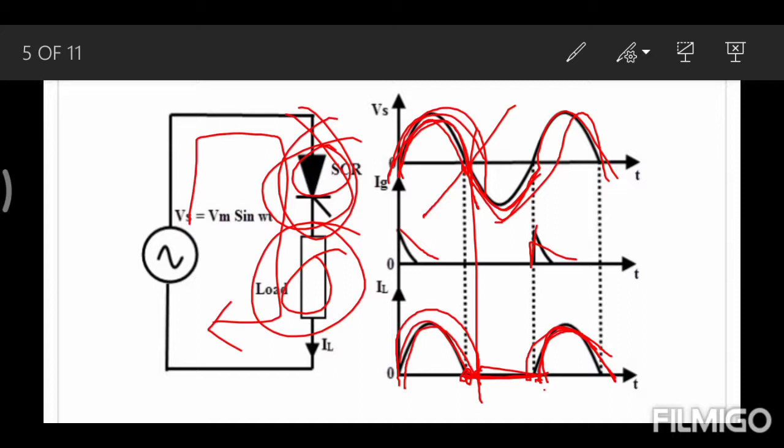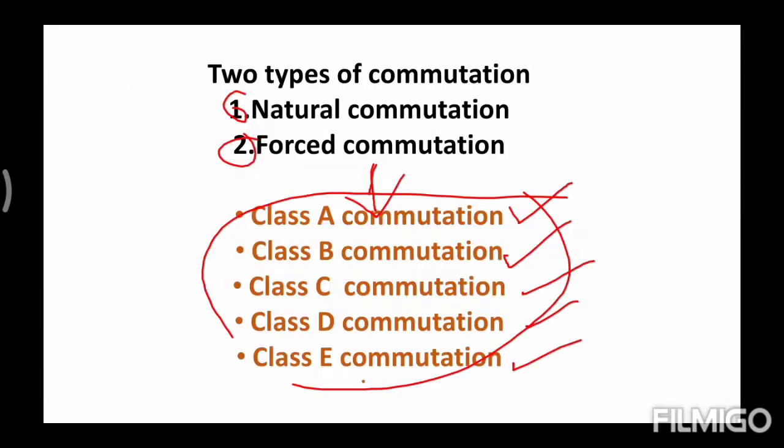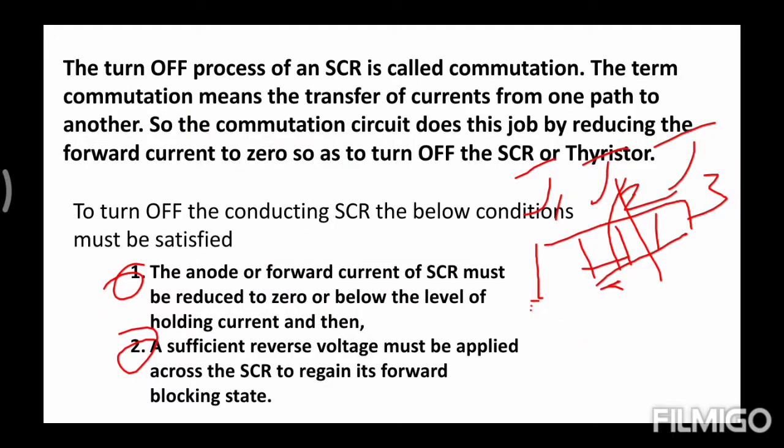The points we have to remember: where we are going to turn off the SCR, it must satisfy two conditions. First, the forward current must be reduced to zero, and second, a sufficient reverse voltage is applied across the SCR to regain the forward blocking state.